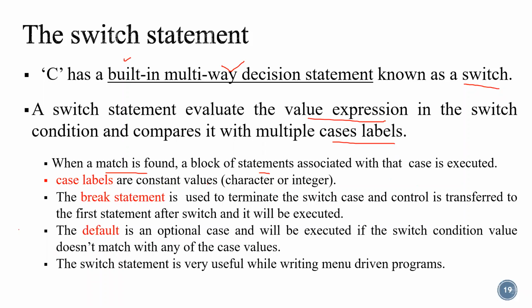The case labels are constant values, either a character or an integer. So when we write an expression for the switch, it should evaluate to an integer or a character, and the case labels should be character constants or integers.